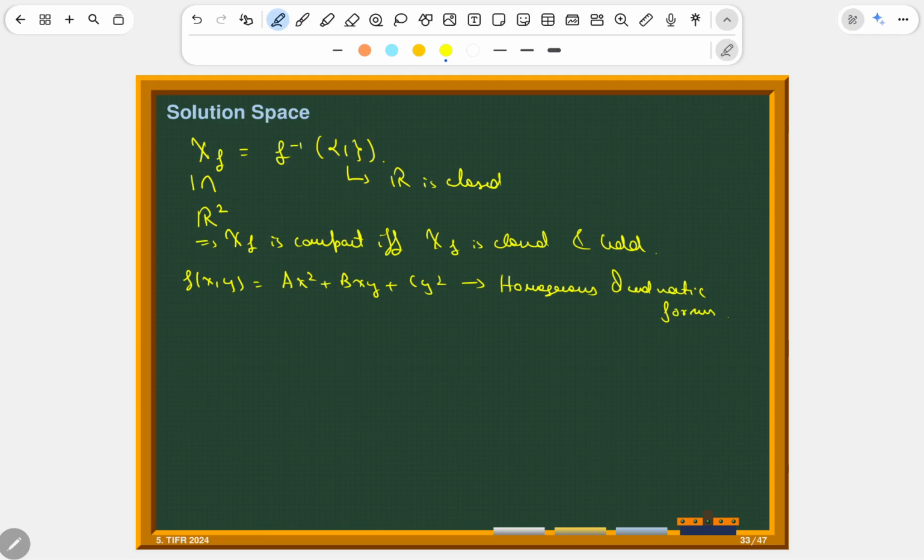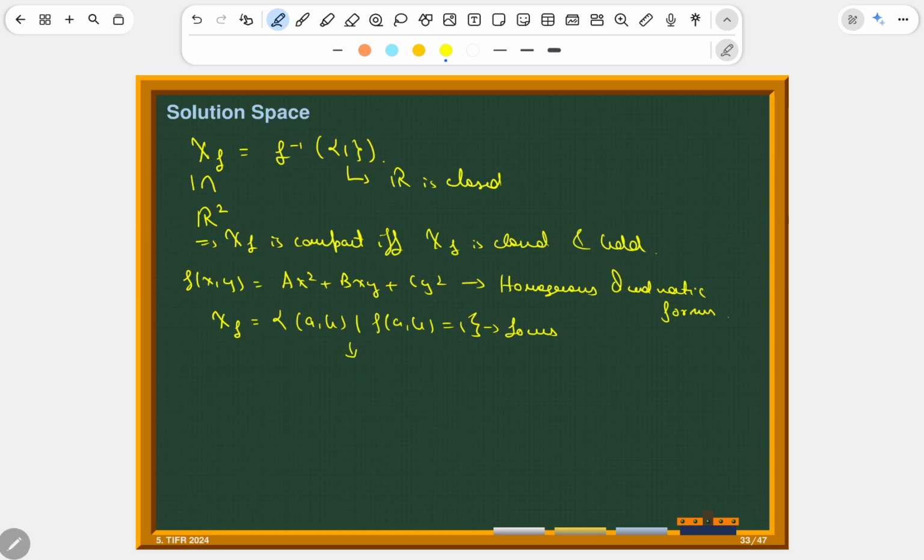Okay, and the set Xf which we are dealing with is the collection of all the points ab such that f at ab is equal to 1. So it just describes a locus of this particular quadratic form, and the locus gives some conic sections, which we typically call central conics.